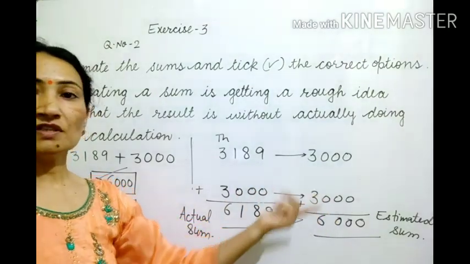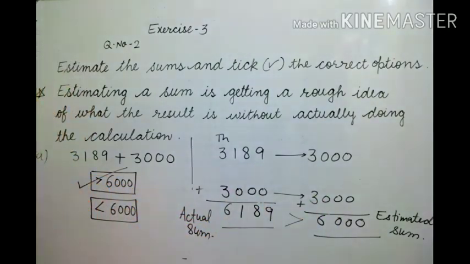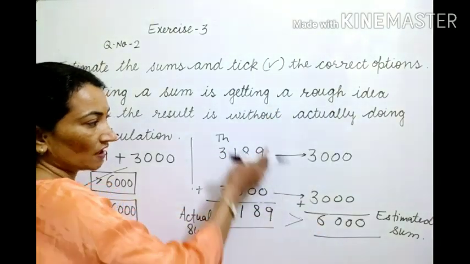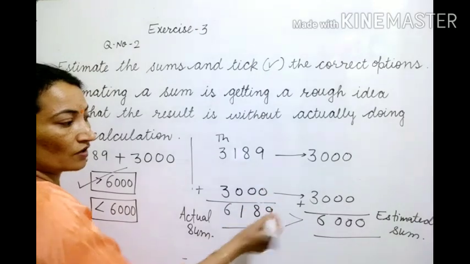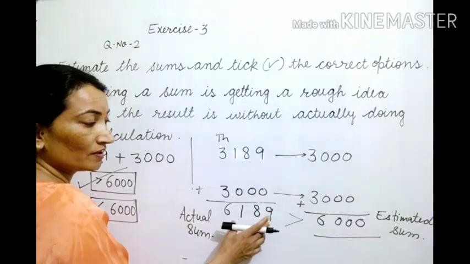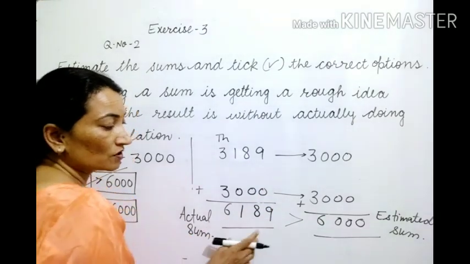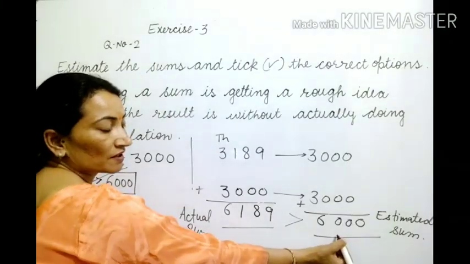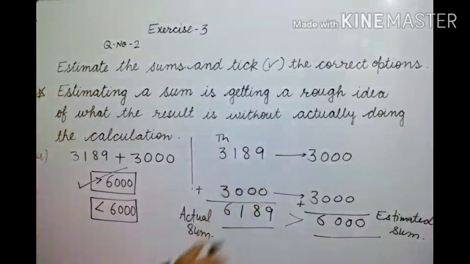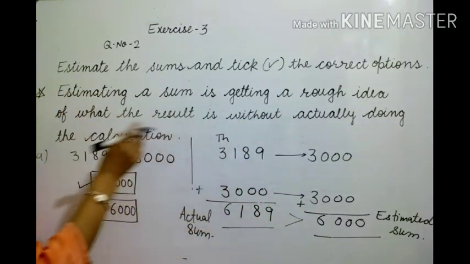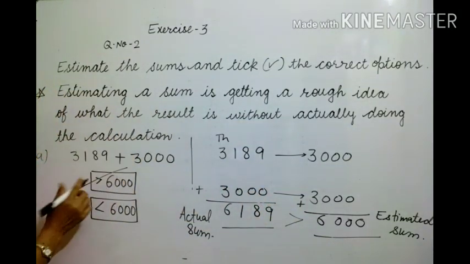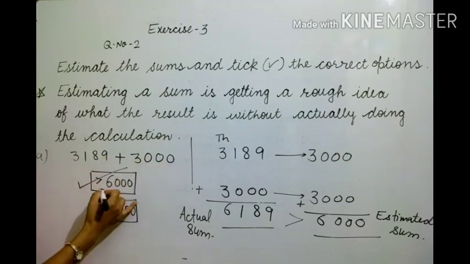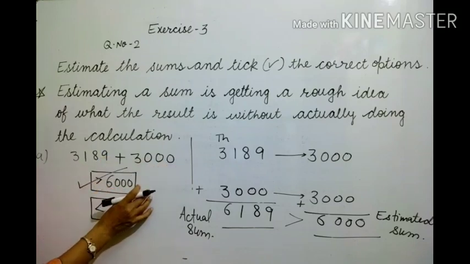Now we will add the estimated values and then compare both the values after addition. The actual addition is greater than the estimated sum. So we have solved. Now we will tick the answer that the sum of these two numbers will be greater than 6000.